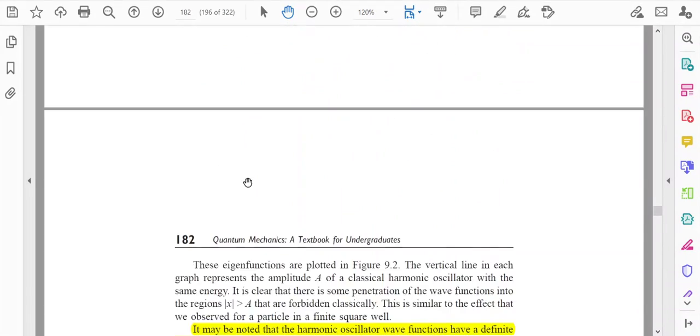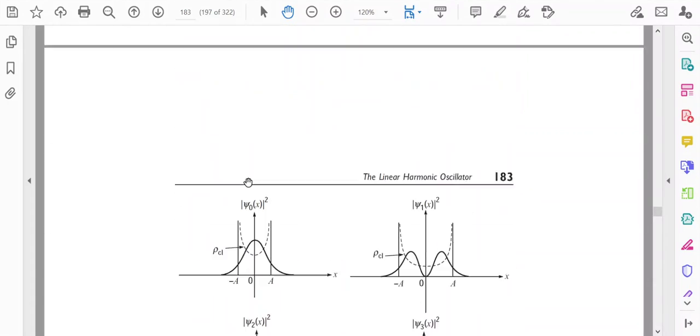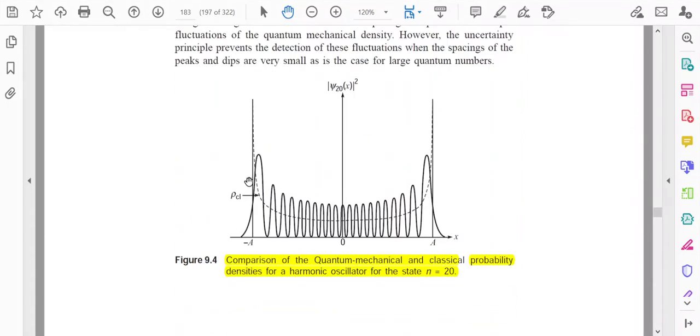Let us look at another figure, for n equal to 20. For n equal to 20, the maximum of the quantum mechanical oscillator is very close to the classical value.